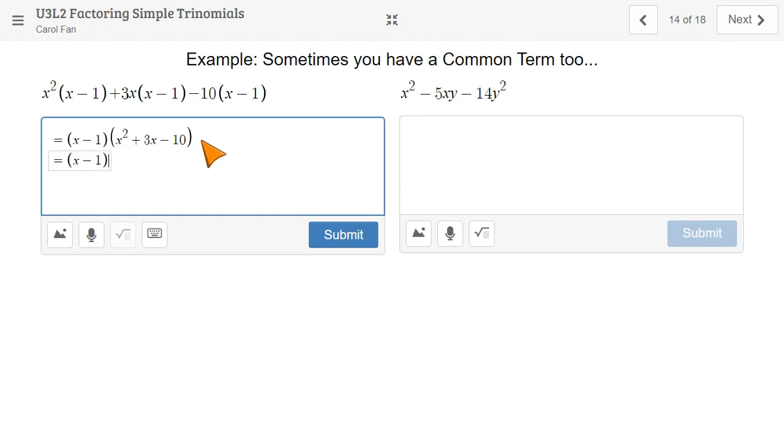I'm going to rewrite the common factor. But now, if I factor this trinomial, because I have a negative c, I know that one bracket is positive, one bracket is negative. Factors of 10 that add to 3, positive 5 and negative 2.